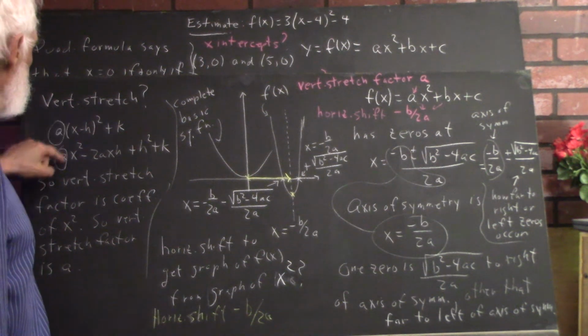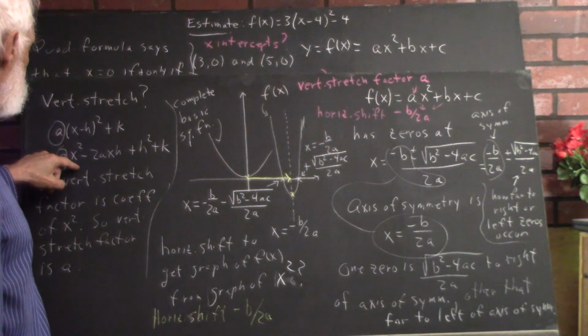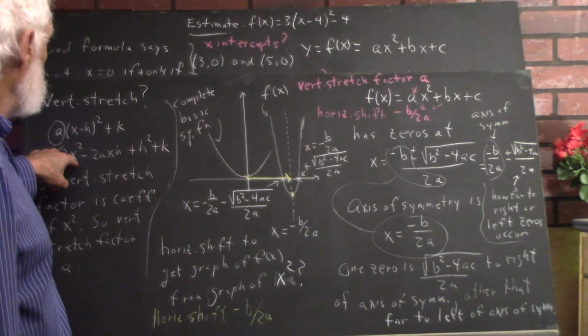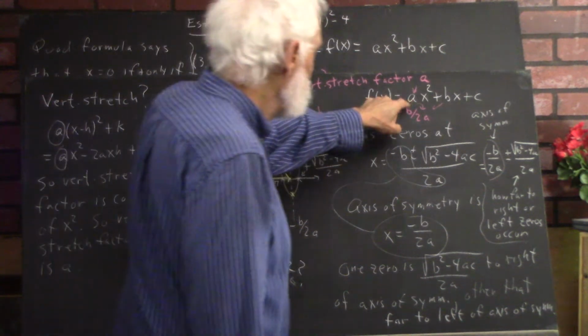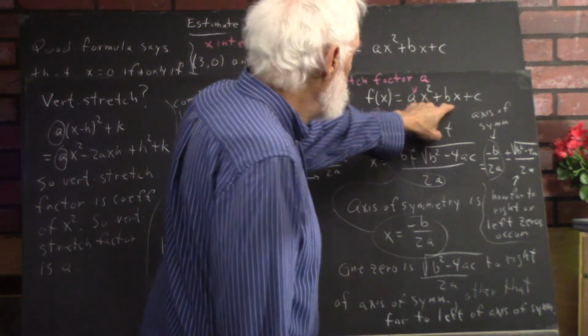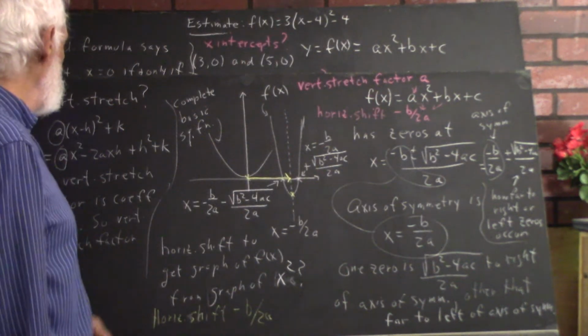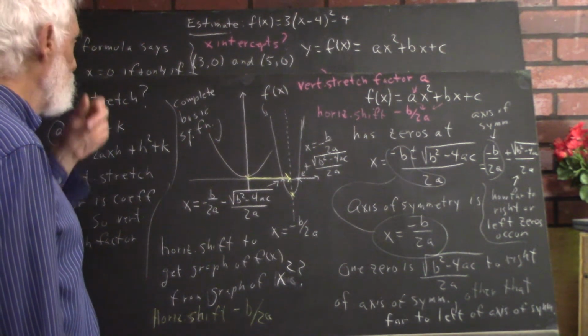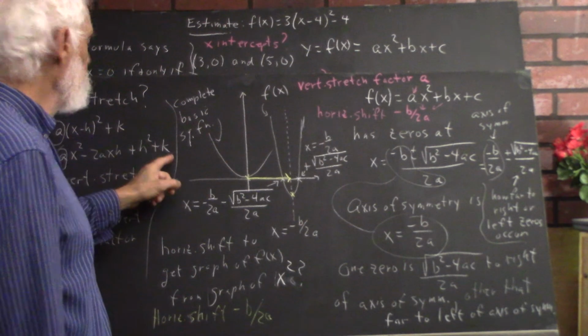The a here is the coefficient of x squared. So you have your ax squared, same as what you have here. Your b would be the 2ah times x, and your c would be h squared plus k.